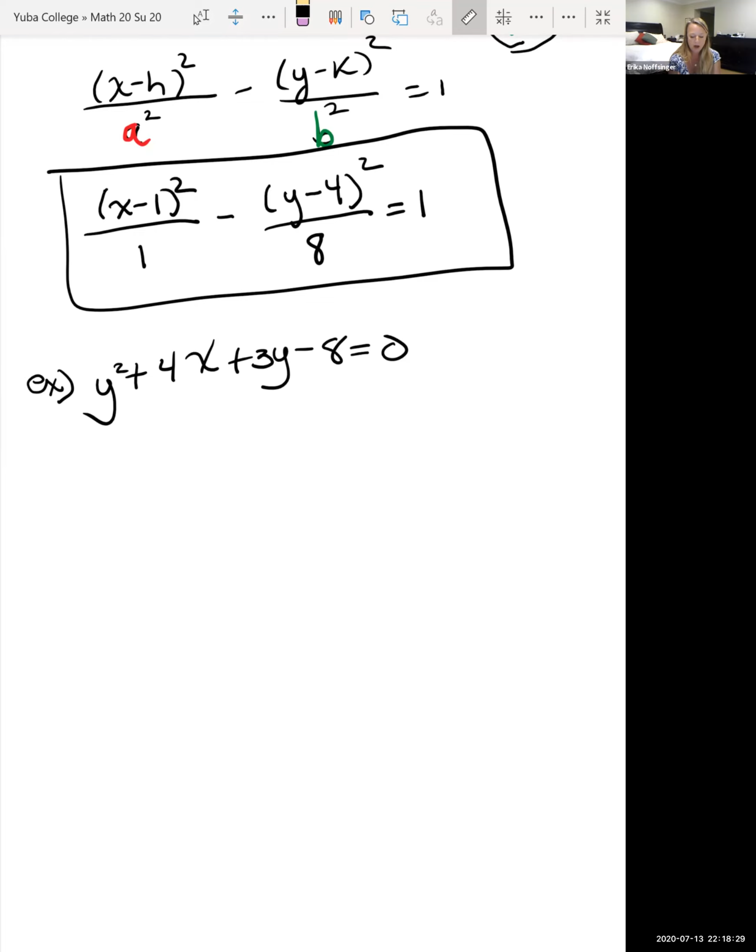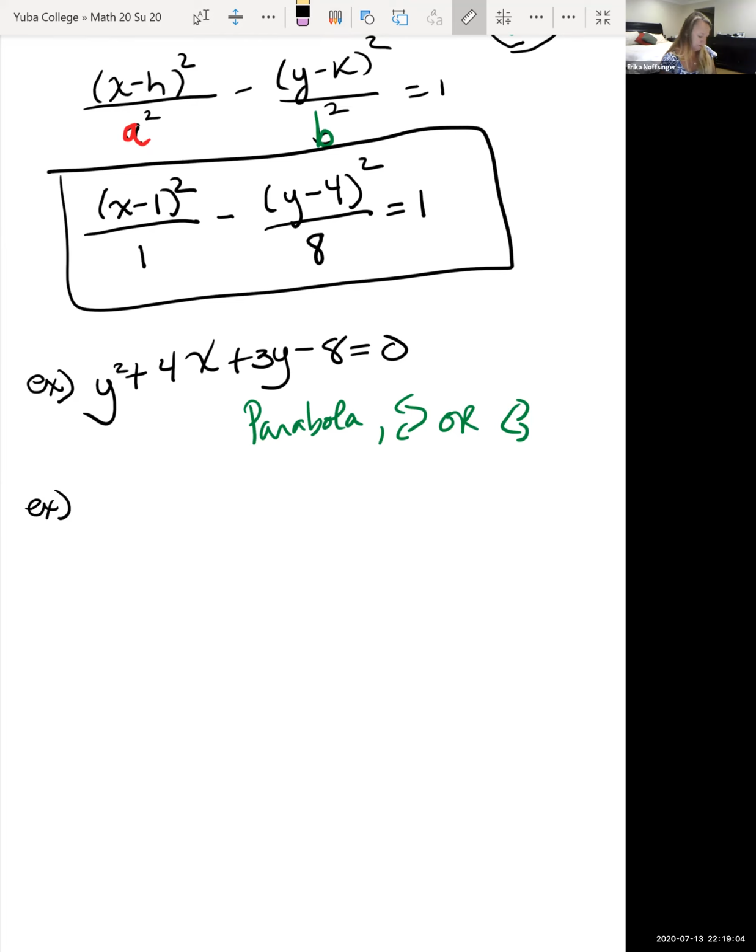Well, this one, the y part is squared, so I know this is a parabola and it's either going left or right. So you should be able to go further and put it in that form that we had before and then graph it and find important points.